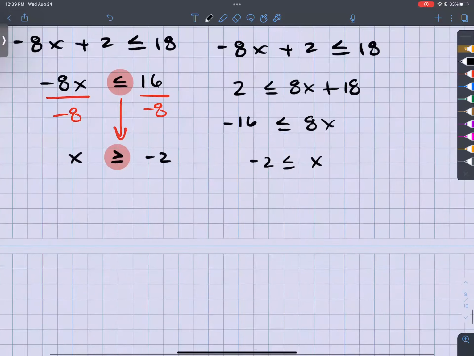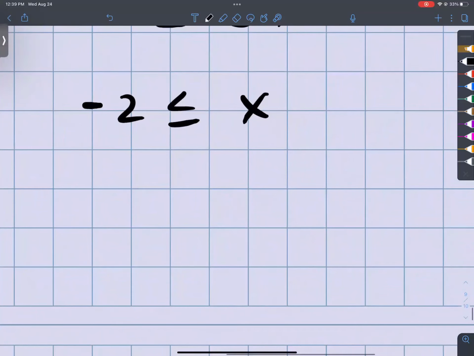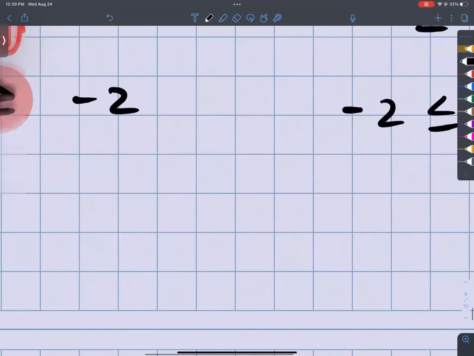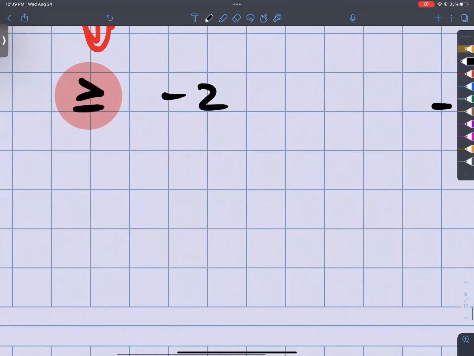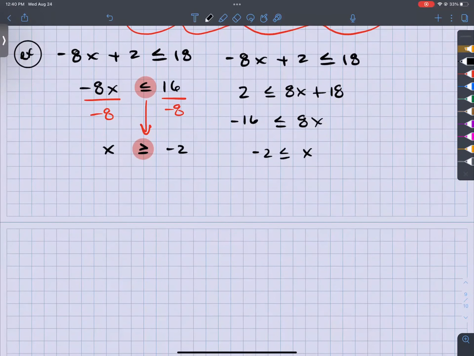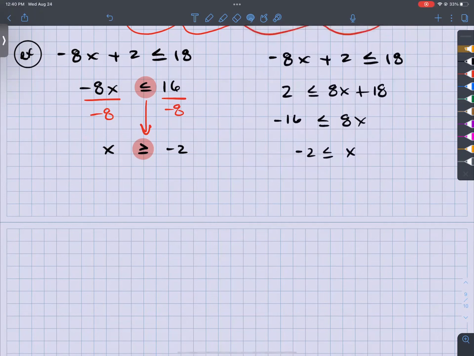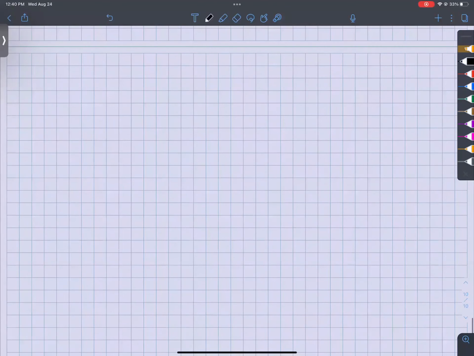Okay? And I know that you guys want to get the x on the left-hand side all the time. So if you just take the mirror image of this one here, you will see it looks exactly like this. You guys are remembering that story from grade school? Eating the bigger number.